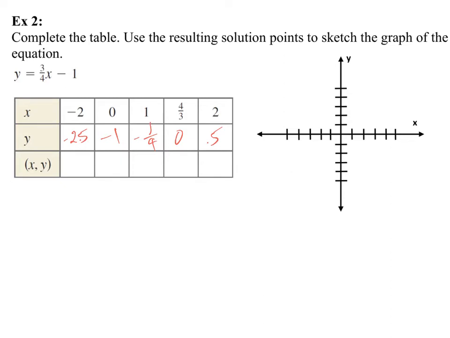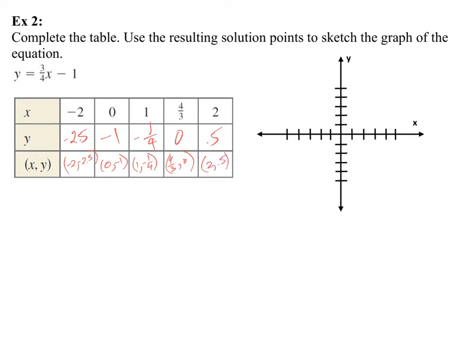Okay, so we have, for our coordinates, negative 2, and then negative 2.5, squeeze it in there. Then we have 0, negative 1. Then we have 1, negative 1/4, or negative 0.25. Then we have 4/3, which is also 1 1/3, or 1.3. Then we have 2 and 0.5.